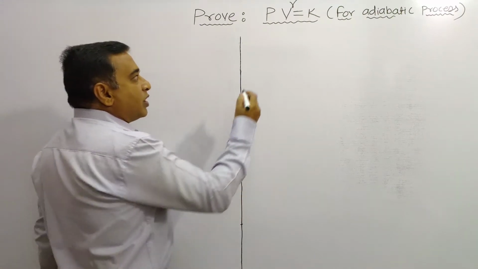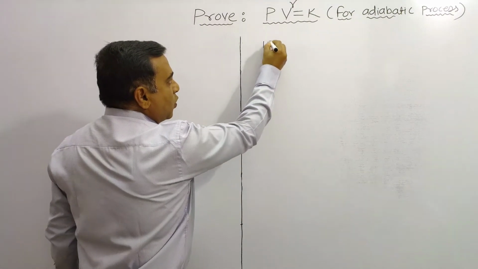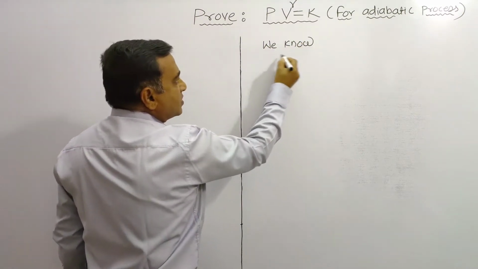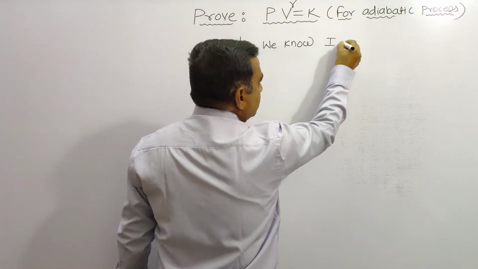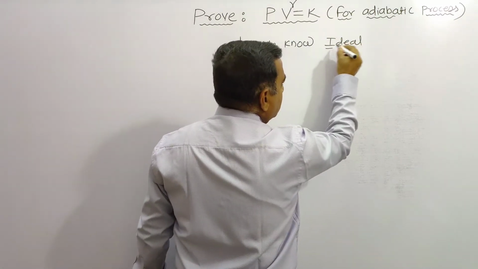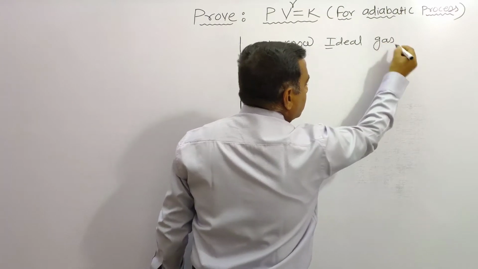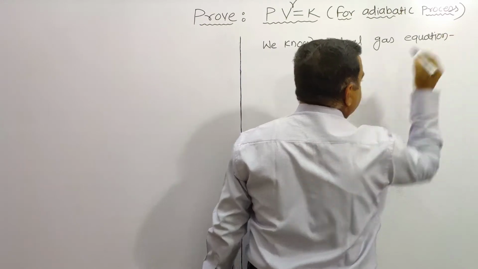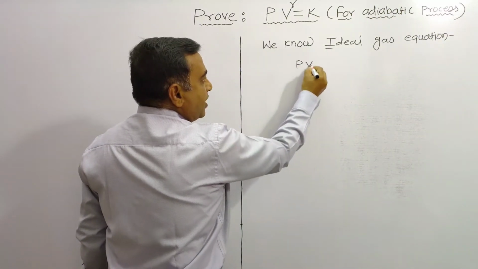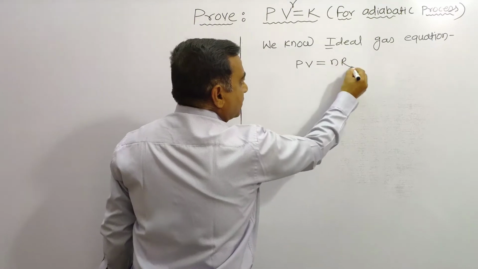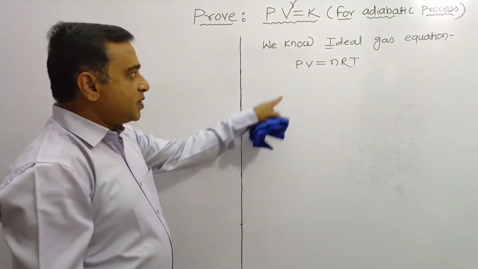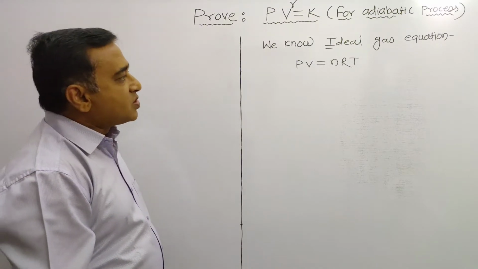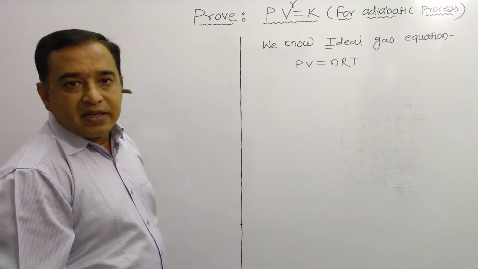Let us start. We know the ideal gas equation, PV = nRT, where P is the pressure, V is the volume, n is the number of moles of the gas, R is the gas constant, and T is the temperature.